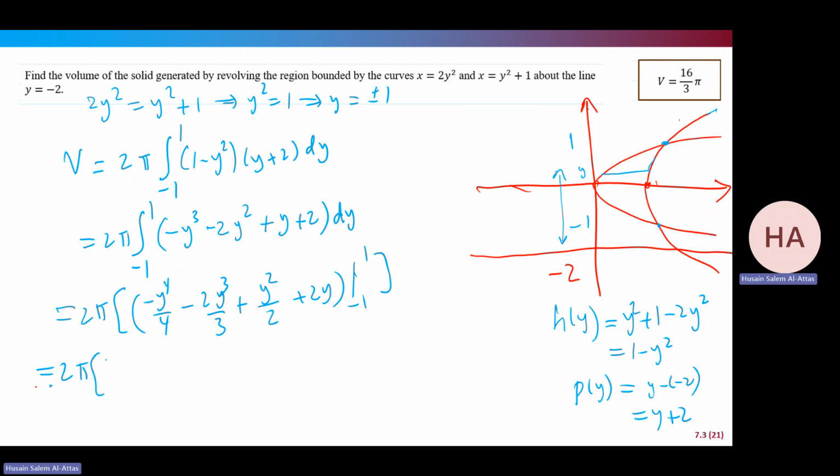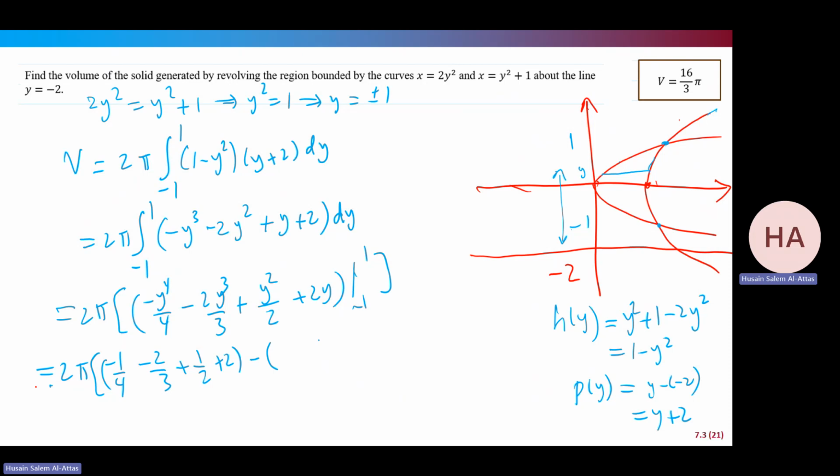2π times minus 1 over 4 plus 2 over 3, from 1 to minus 1. What is this? That will be minus 1 over 4, minus 2 over 3. Substitute 1 only, plus half, plus 2, minus.